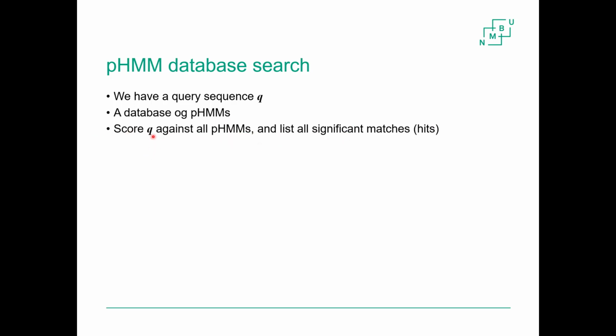If this sequence Q contains a pattern that matches one of these PHMMs, it gets a high score and is listed as a significant match. So in principle, that is how you do it. You have a database of these models, you have a sequence, and you try to score them. We should now have a look at how this scoring is done, at least so that you have seen it once.